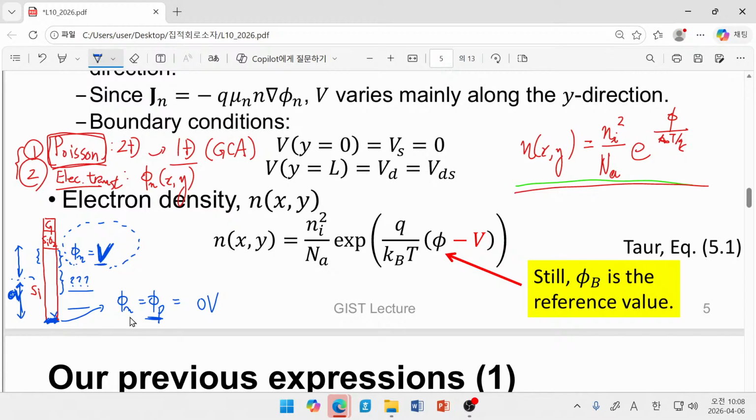My question is, can we assume that the hole quasi-Fermi potential is equal to that of the electron quasi-Fermi potential? The answer is obviously no. When you draw your hole quasi-Fermi potential for this MOS system, this is nothing related to your source and drain region.